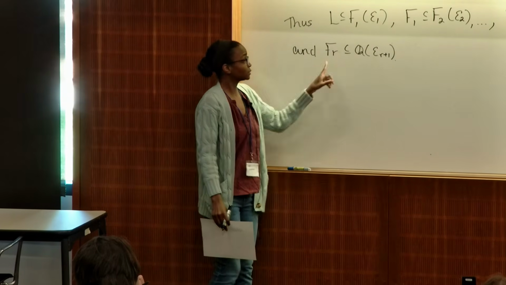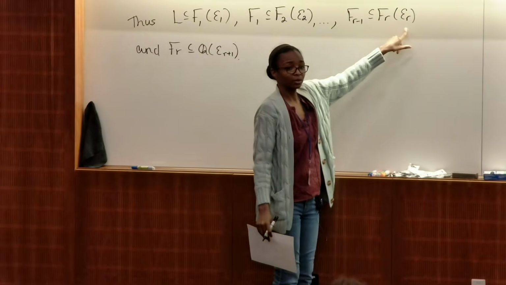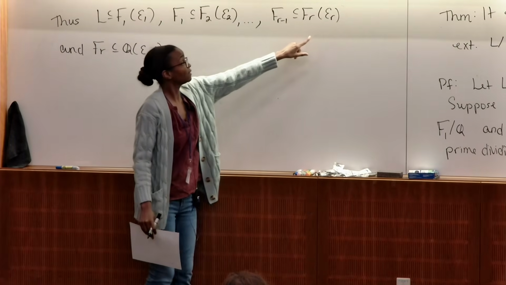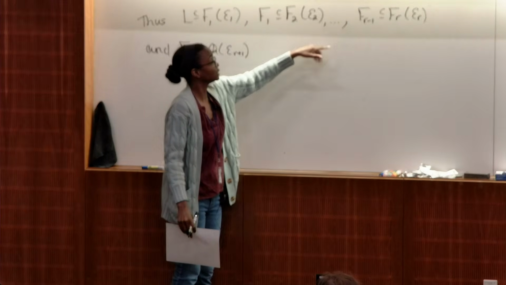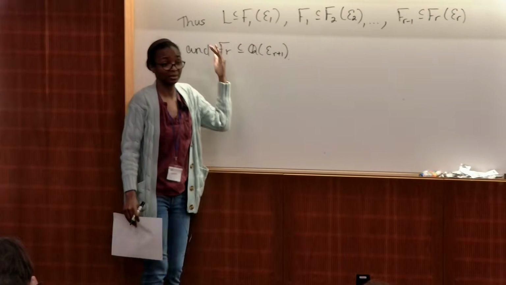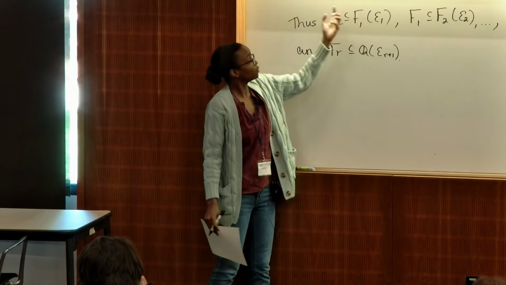But this means that I took something in a cyclotomic extension, adjoined another root of unity, and then if I do one step back, adjoin another root of unity, adjoin another root of unity, and just keep adjoining all of the roots of unity that I encountered along the way. And the conclusion is, peel it all the way back.